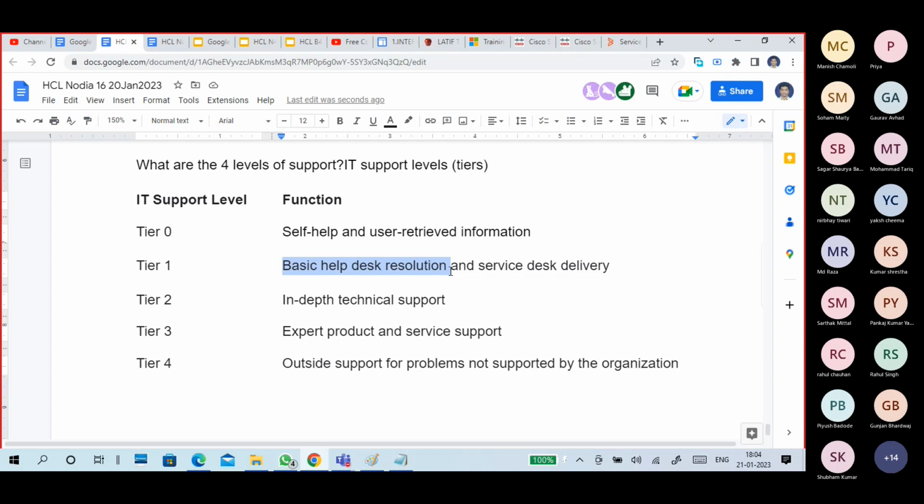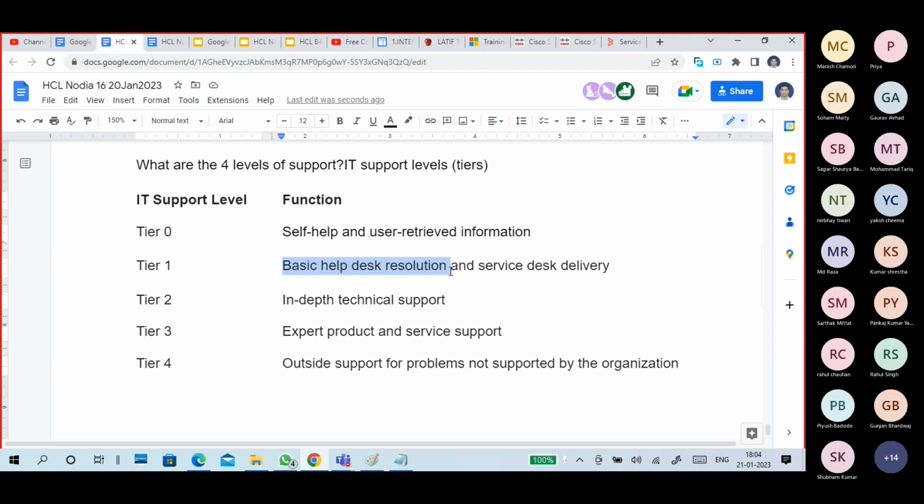The issue is resolved, the issue is closed, a ticket is created, or some installation related work, depending upon their organization, project, and roles and responsibilities based on that particular role in the project.